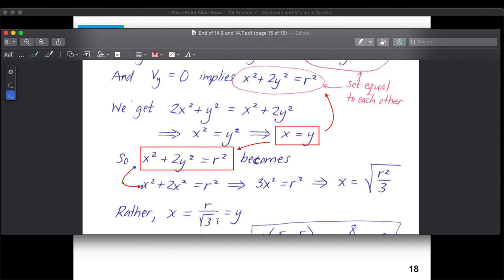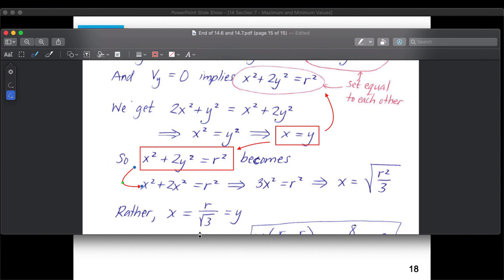And much like the last problem, where the question was asking you to find the minimum or shortest distance, so we had to take those values and plug them in, the same thing happens here. We're not asked to find the values at which this maximum volume occurs. We're asked to find the actual maximum volume. And perhaps in some problems you will be asked for the dimensions as well.